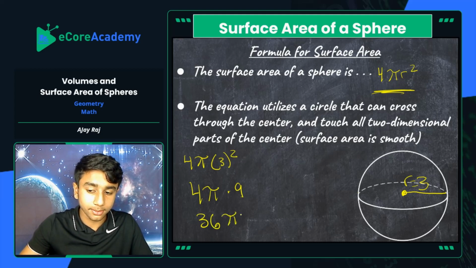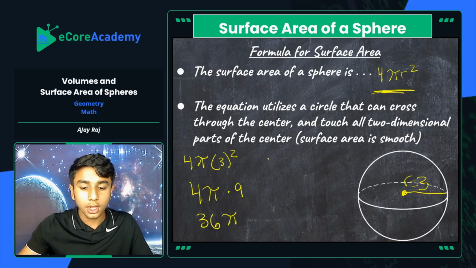Then again, if you want to round pi to 3.14, we can multiply 3.14 by 36.